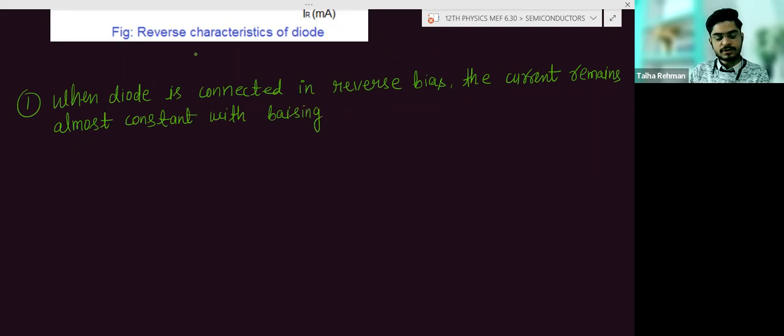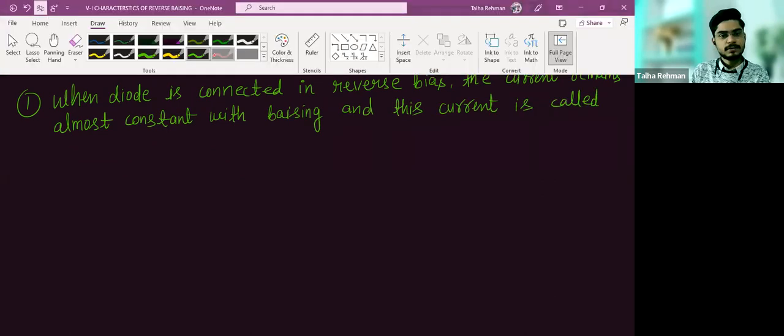And this current is called reverse saturation current.